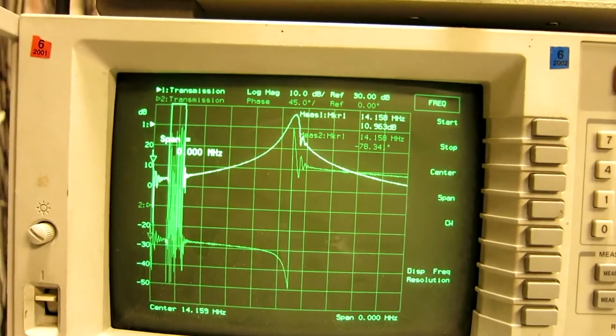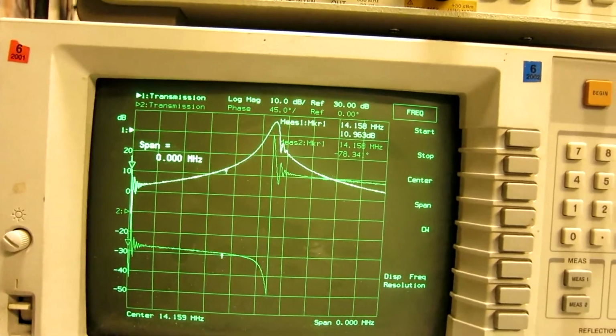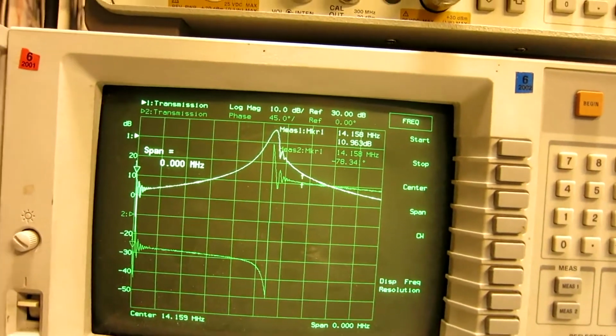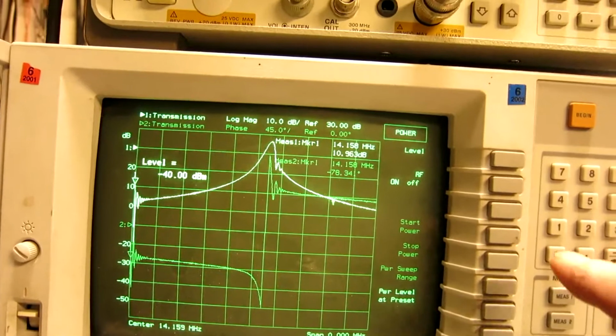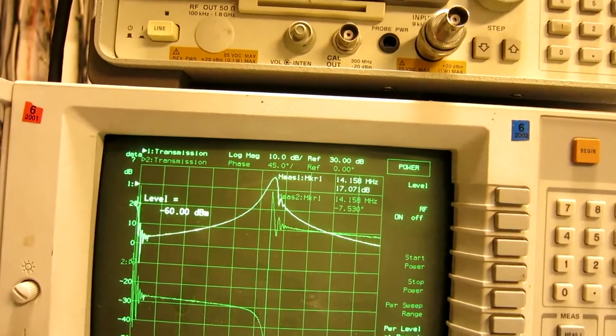And I don't know what this ringing actually means. Probably the signal is a little bit too strong. Power, minus 60 dBm.